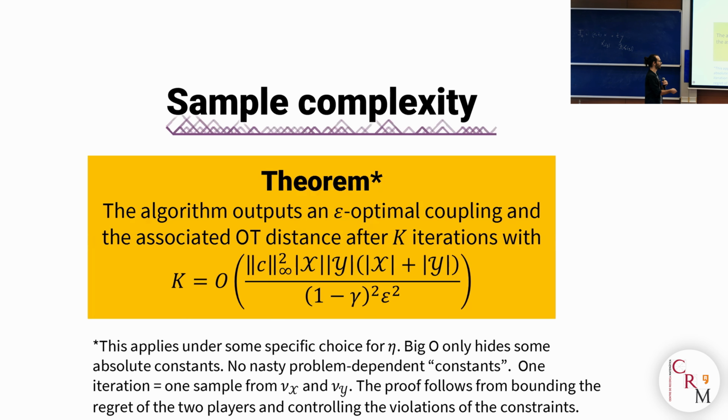It scales with this thing that's called the effective horizon of the problem. And it has this scaling with the number of states and actions, which is what we are getting because we are considering unstructured problems without any sort of smoothness over the state space. So I was actually pretty surprised that we could get this dependence, because I would have guessed that we would have a dependence that looks like xy squared.